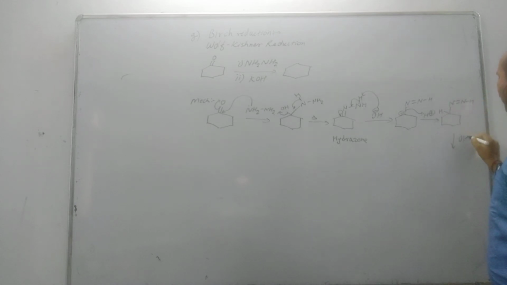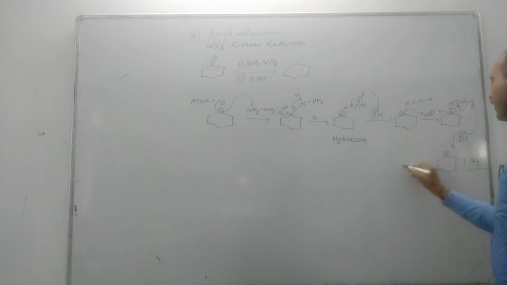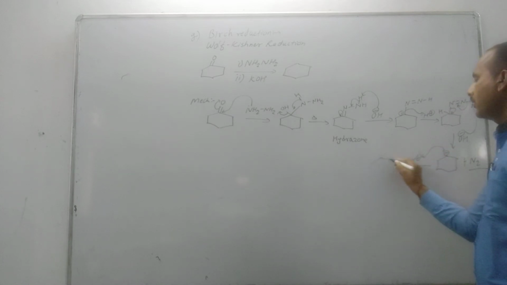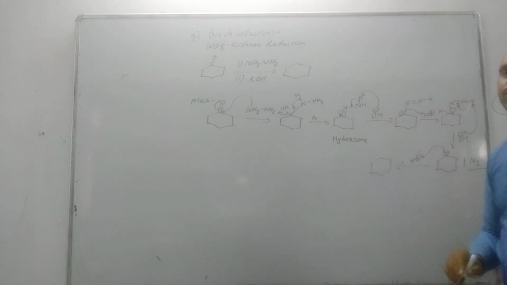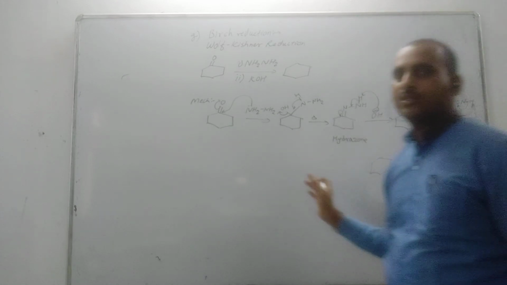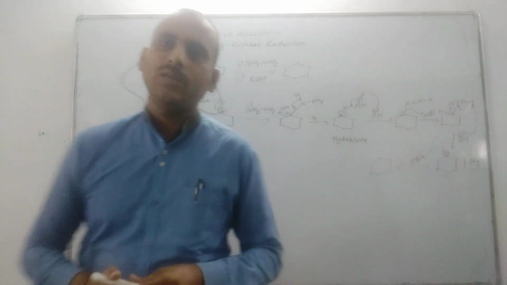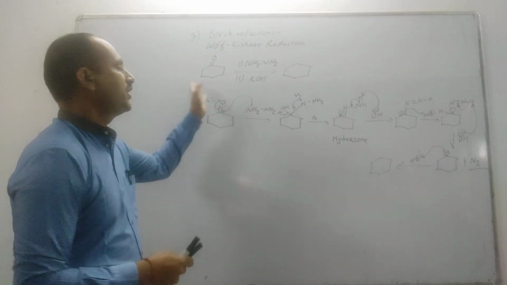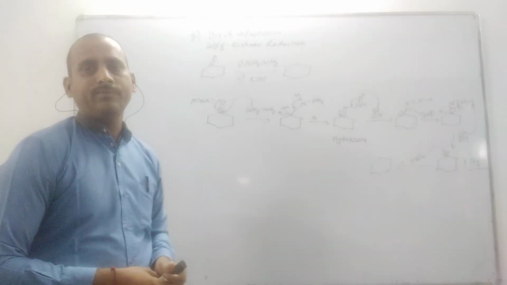Again, in the presence of base, this base abstracts the proton, this bond shifts here, and again there is generation of another carbanion. So N2 is eliminated, and again on protonation it gives cyclohexane. This is the mechanism for the conversion of cyclohexanone to cyclohexane.